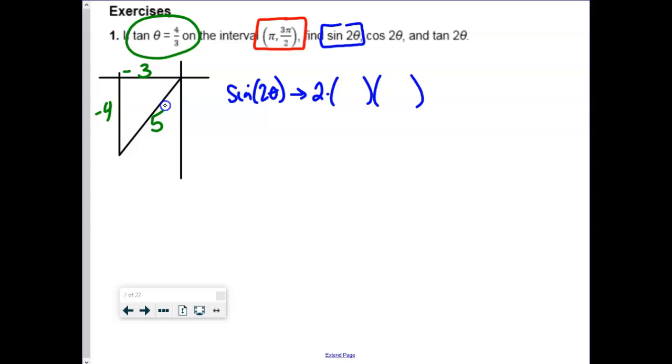I didn't ask you guys this, but do you know where we're going to land if we double this angle? I don't know about that, because this angle, all the way down to here, is like 240 degrees-ish, I'm kind of making this up. So maybe in the second quadrant.